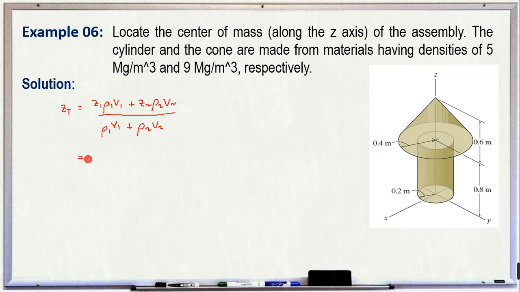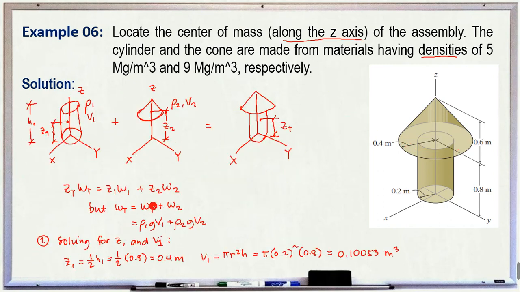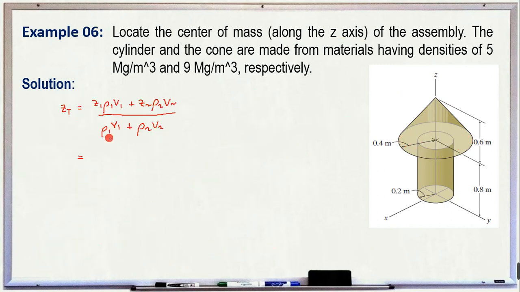In here, we can now substitute values. Again, Z1 is 0.4, right? So we have 0.4. The density for the cylinder is given, so 5 milligram per cubic meter.